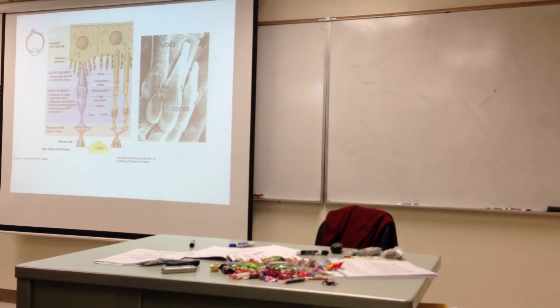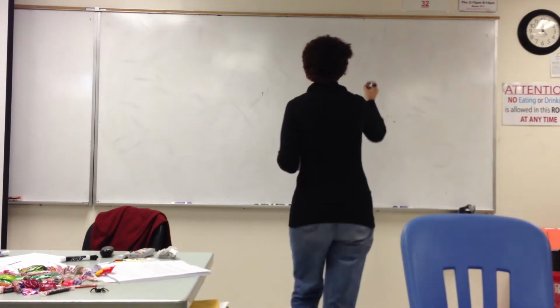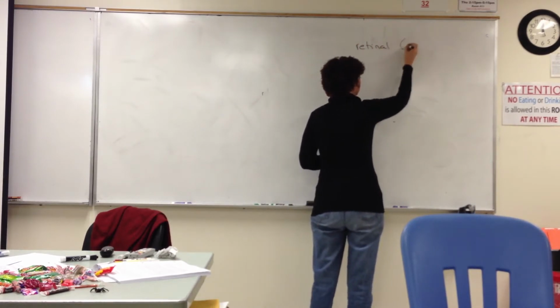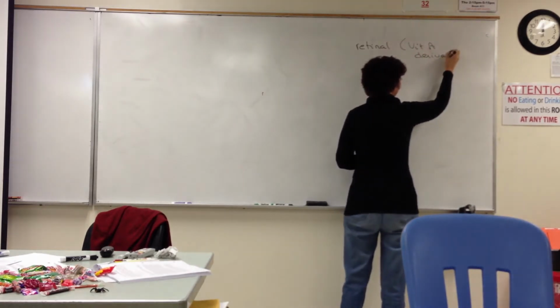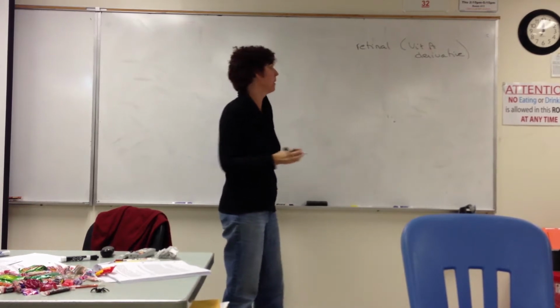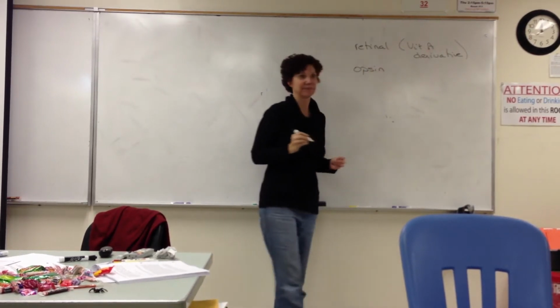So there are two components that are used when we talk about the physiology. One is retinal, and that is derived from vitamin A. And the other is a light-sensitive pigment known as opsin.